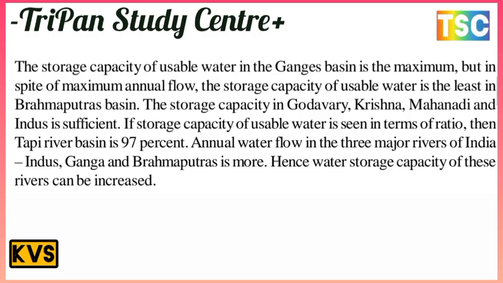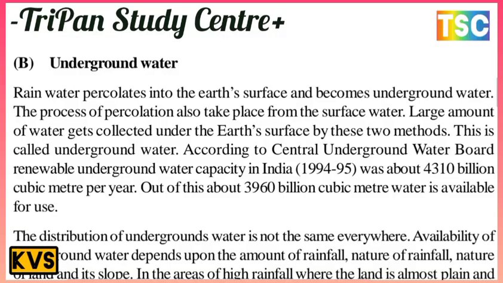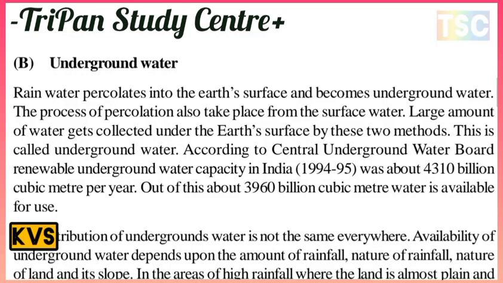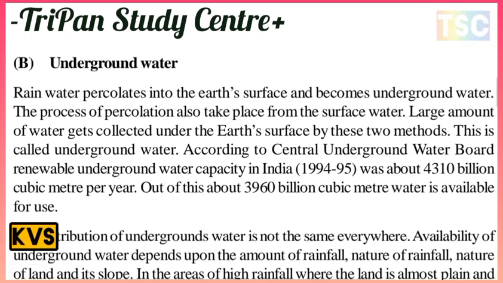That is important. The next is underground water. Rainwater percolates into the earth's surface and becomes underground water. The process of percolation also takes place from the surface water. A large amount of water gets collected under the earth's surface by these two methods. This is called underground water.